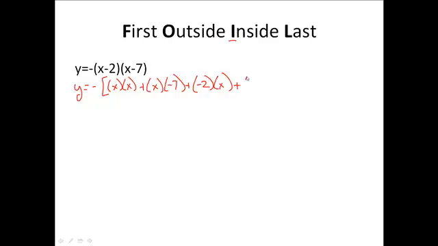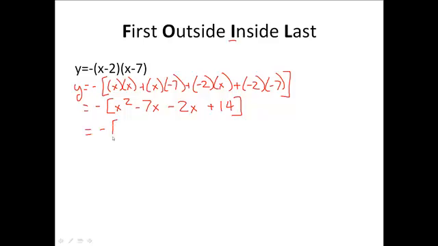Be sure you're watching out for your signs here. So here we have x squared minus 7x minus 2x plus 14. Combine like terms. X squared minus 9x plus 14.